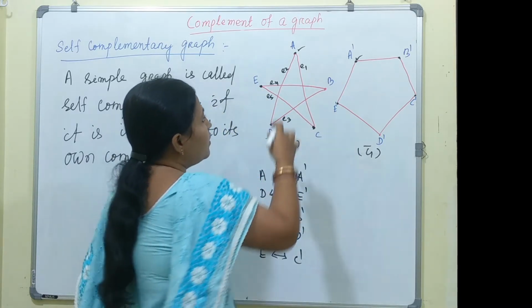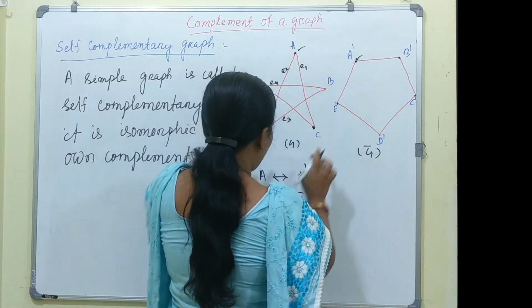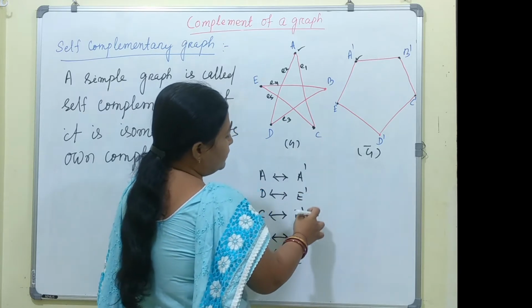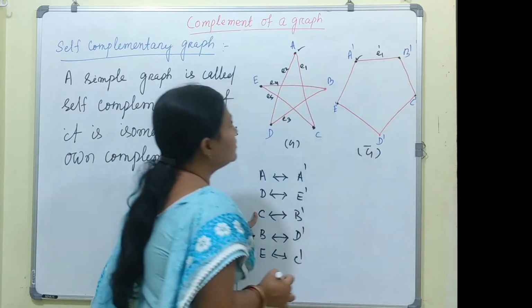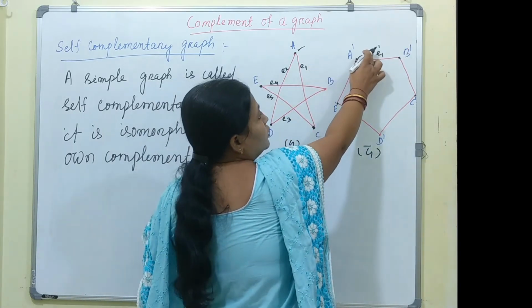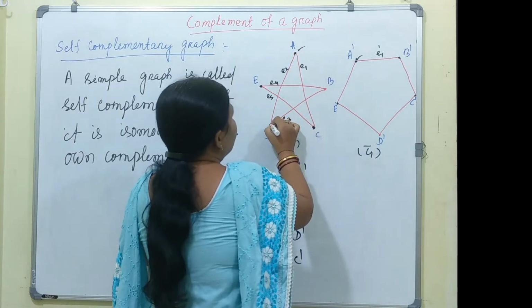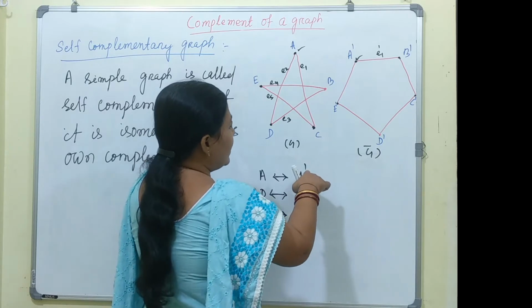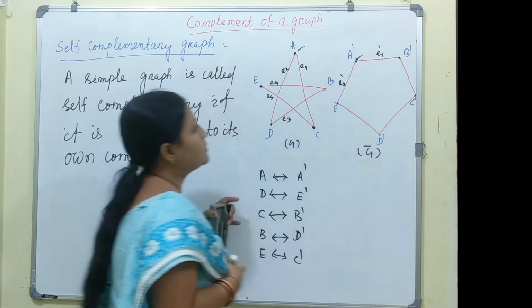Now E1 is AC. Here A dash B dash is E1 dash. So E1 corresponds with E1 dash. Now AD is E2, and A dash E dash is E2 dash.